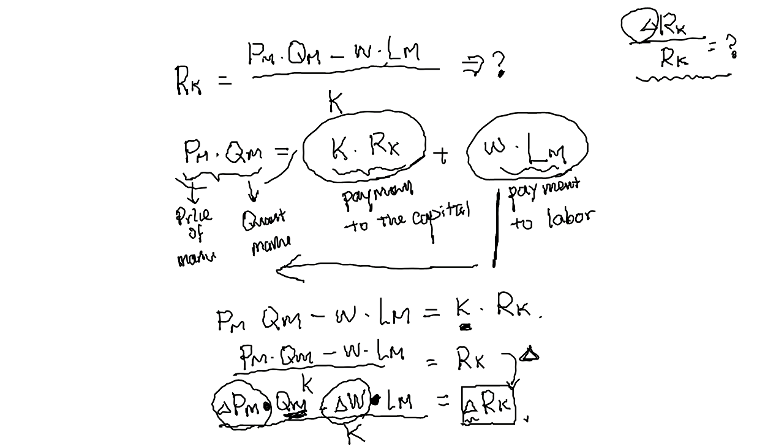Because this is my goal. I'm going to see what's the percentage change in the rental on capital. If this one is the change divided by the original level, that means the change in percentage. This is something in economics we always talk about, right? Change in percentage.